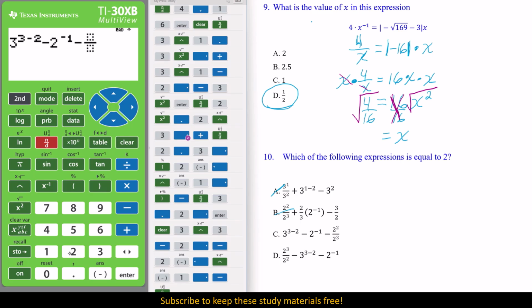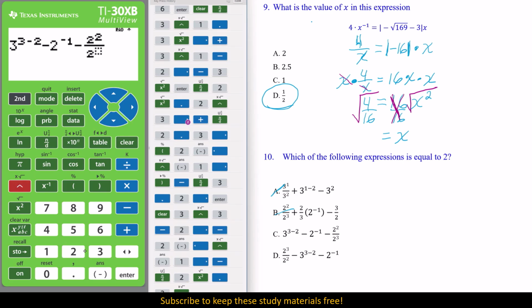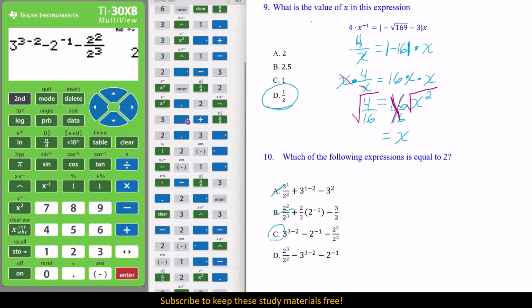Fraction of 2 squared, go down. Now we need 2 caret up to 3. I'm going to double check that this looks good. Looks all right. Now let's enter. That's my 2. But just in case, try D also, and then we can really believe that C is correct.